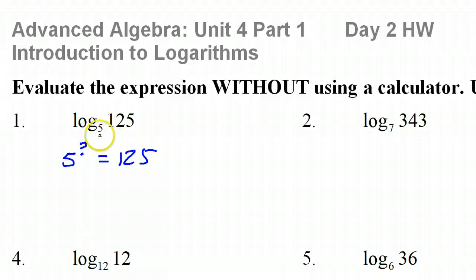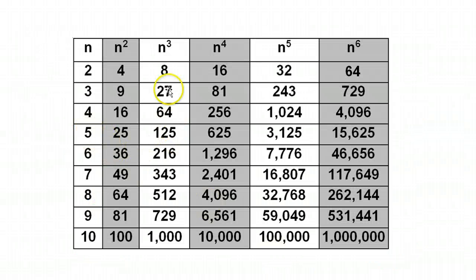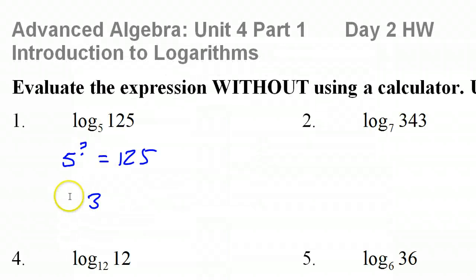And whatever is the answer to that question, that is the value of the log. It's that exponent, the question mark. And I know that 5 to the third power gives you 125. Boom. So that means the answer is 3.